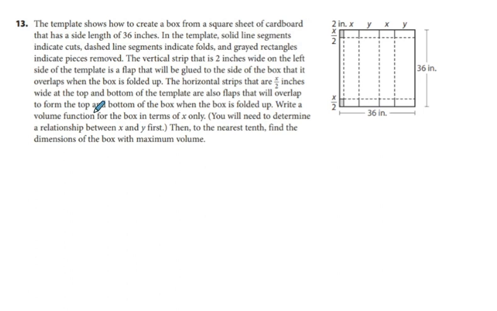What corners do we cut out of here? Looks like we have these squares of x over 2. So we have 36 inches is equal to 2 plus x plus y plus x plus y.